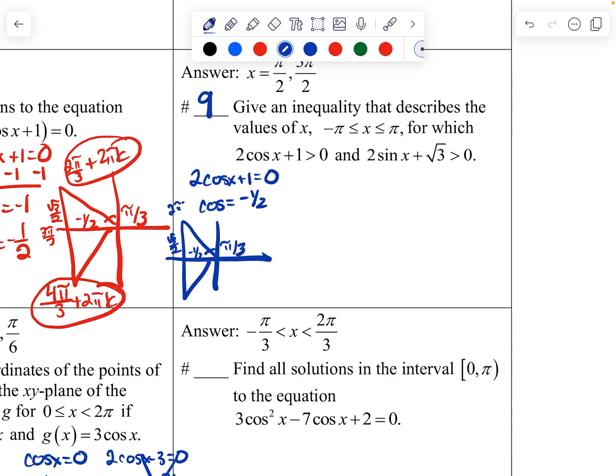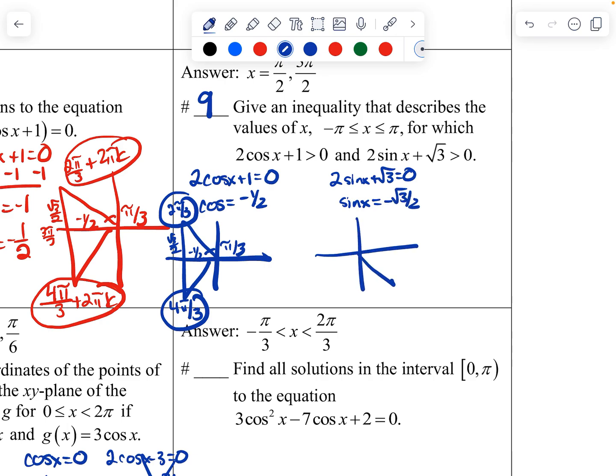So we have 2 pi over 3 and 4 pi over 3. And where does the 2 sine of x plus the square root of 3 equal 0? So sine of x equals negative root 3 over 2. Well, that's pi over 3 again. So this is 4 pi over 3, and this would be 5 pi over 3.